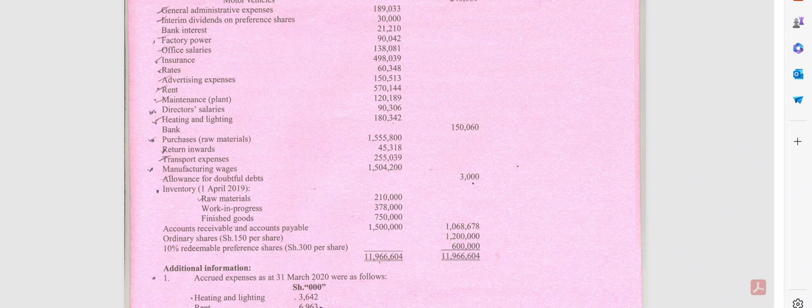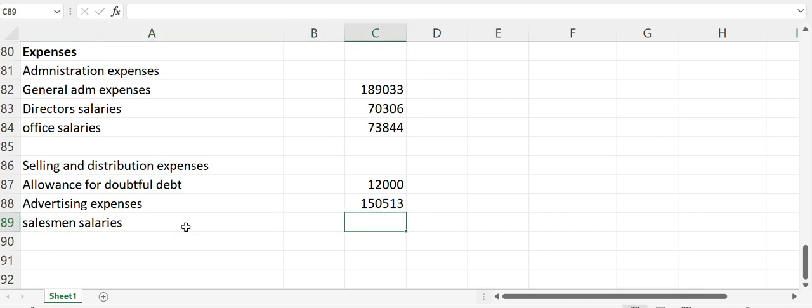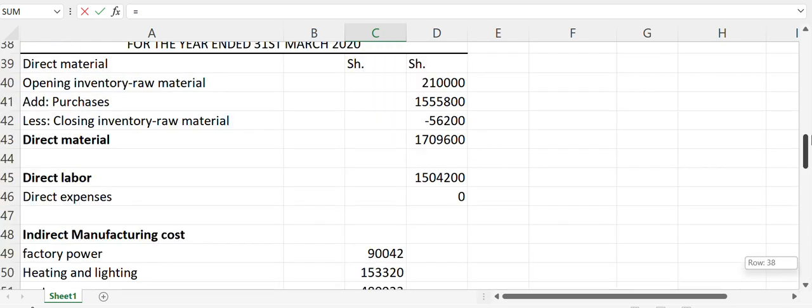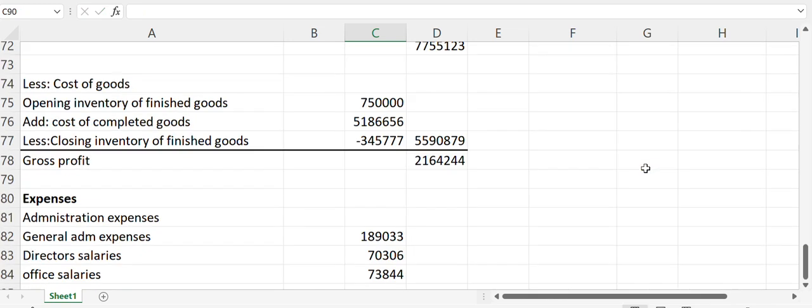Then we also have, which was the other one? Remember under office salaries we had salesmen salaries. So we have an account for that. We had recorded it here, it is 64,000, supposed to go to selling and distribution.